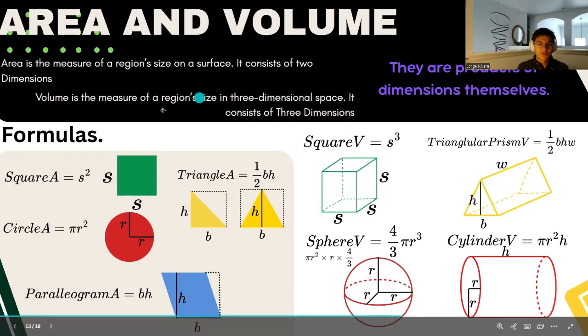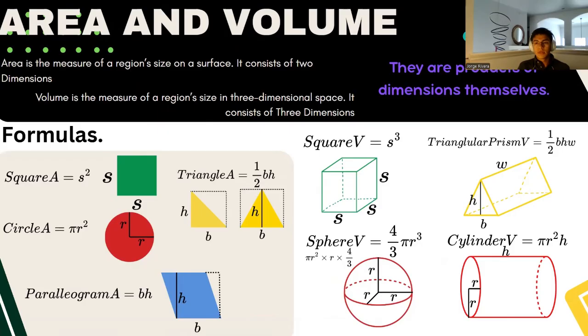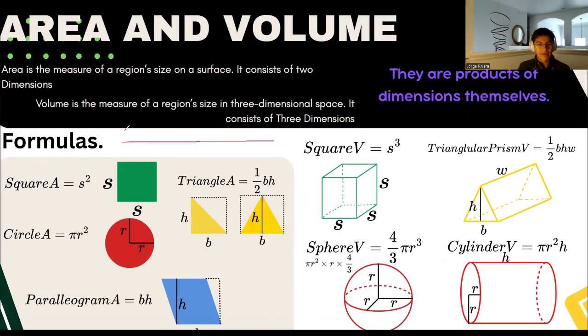When we say dimensions, the first dimension is going to be a straight line, right? So we have this one dimension. If we multiply it by another straight line, that creates a 2D area.